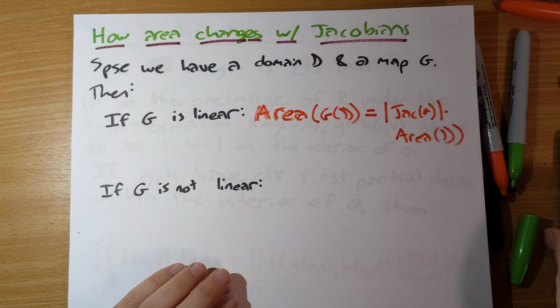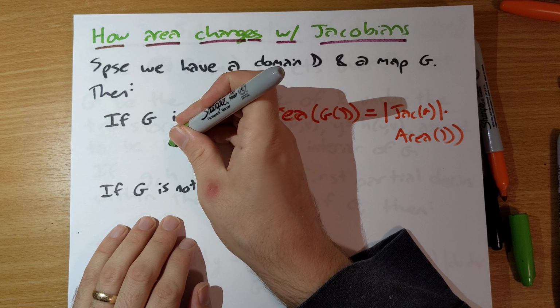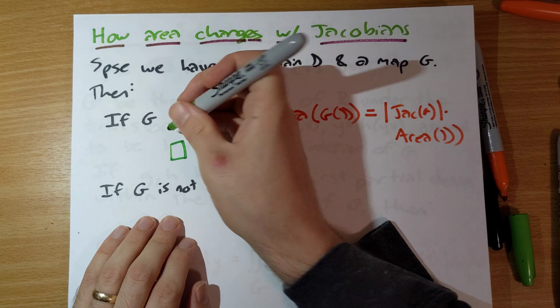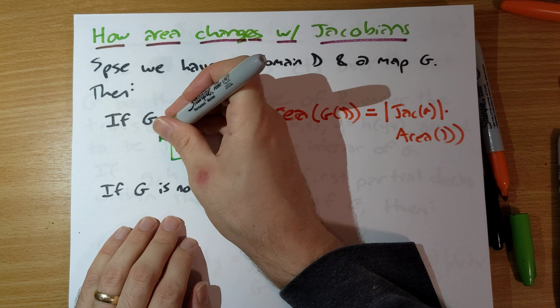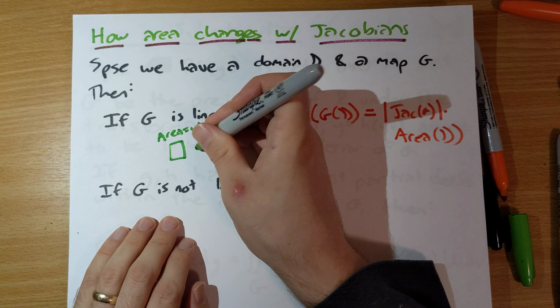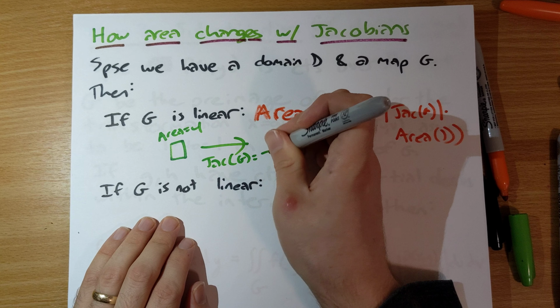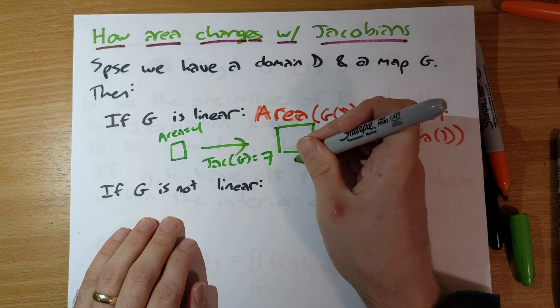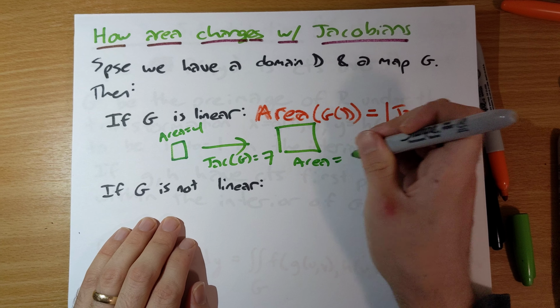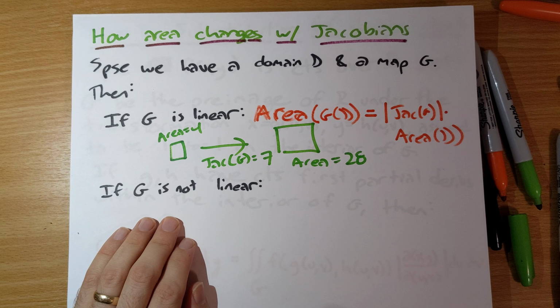So if this region here has area equal to 4, and the Jacobian here is 7, then this area will be 28.